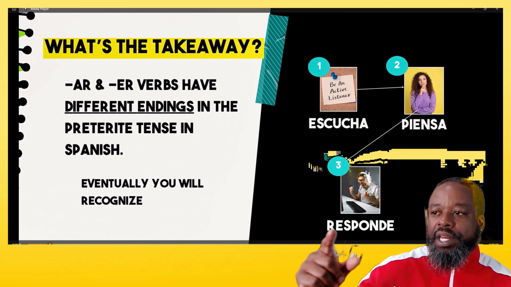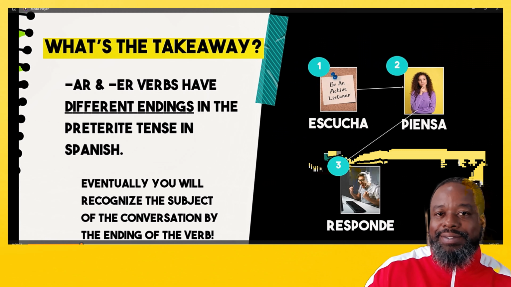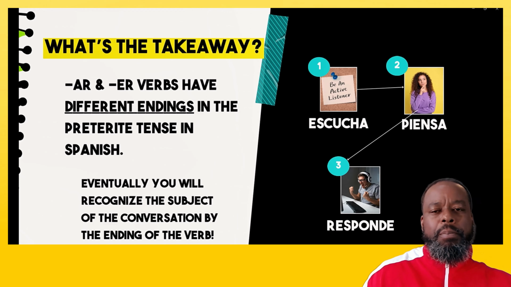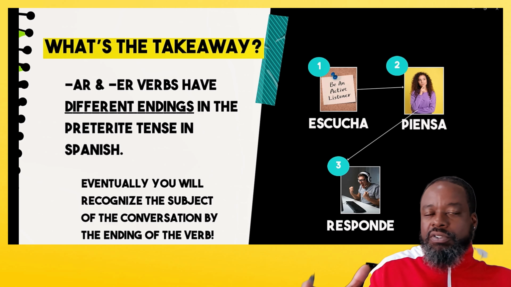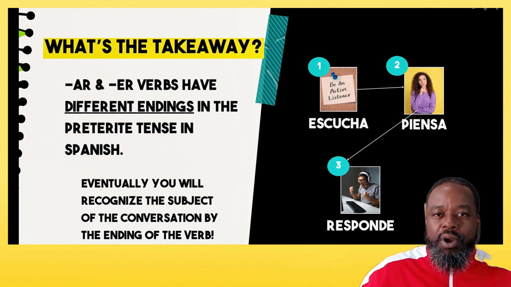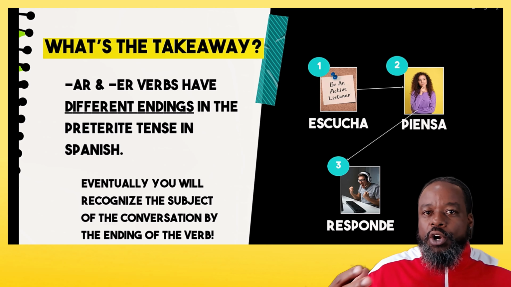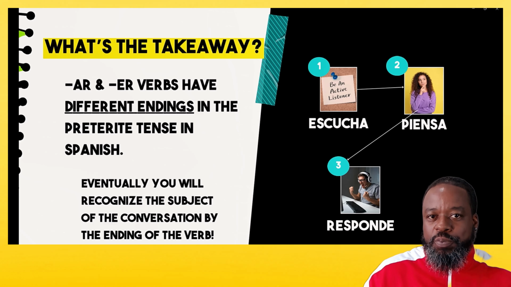AR verbs and ER verbs have different endings in el pretérito. But don't let that shake you up or rattle you. That's the same information we get con el tiempo presente, right? This is the same information we get with the present tense when we're starting to learn how to create sentences in español. They both have different endings anyway. So it's no different in el pretérito simple.